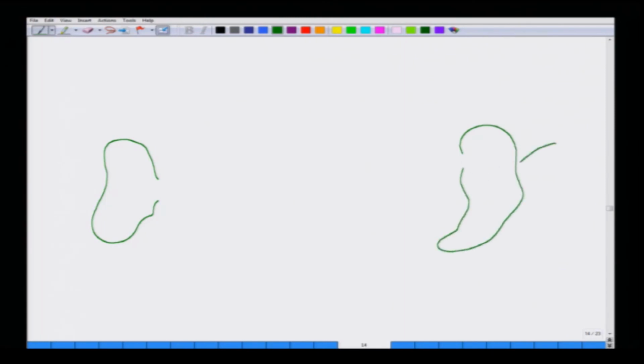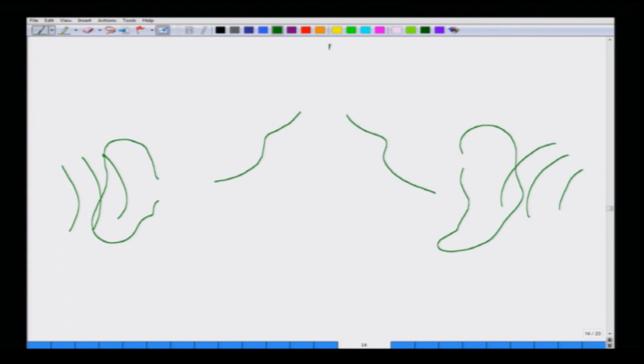Sound waves are coming, but somewhere the signal is not reaching the brain for some reason. Technically it was supposed to reach like this, which is not happening.